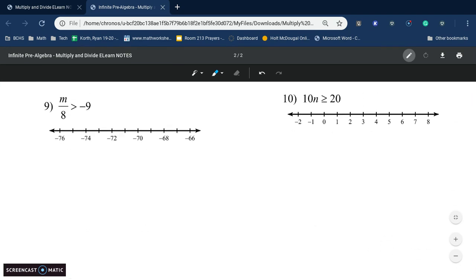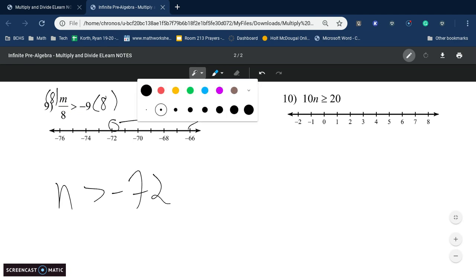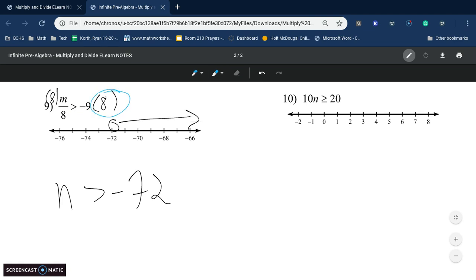Undo division with multiplication. M is greater than negative 72. Open circle, going to the right. Again, the number we multiplied by was positive. No need to flip the inequality.